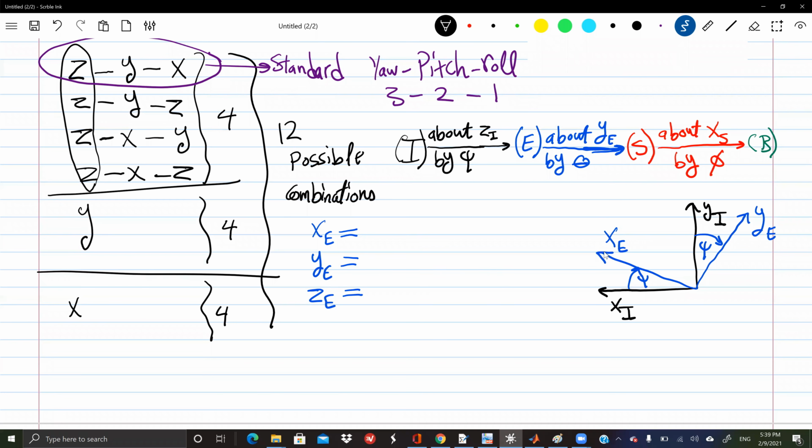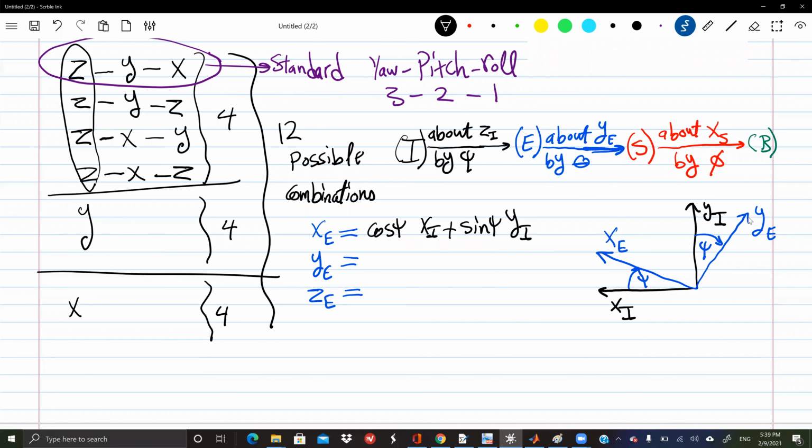Fine. So let's do XE. What's the relation between XE and XI? Well, it's cosine psi times X inertial, and if it's cosine here, it's going to be sine psi times Y inertial. Any question about the first line?